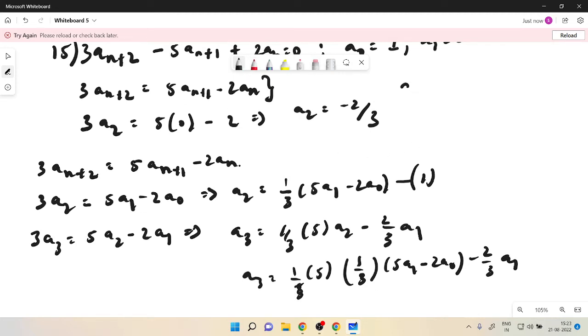What I'm trying to do is get an expression for an and inductively prove that it is true for n plus 1, and that's it.